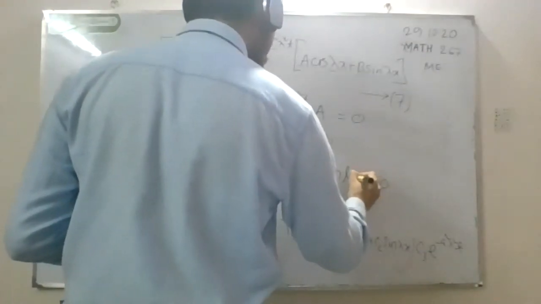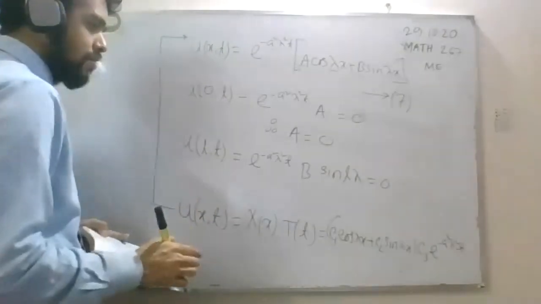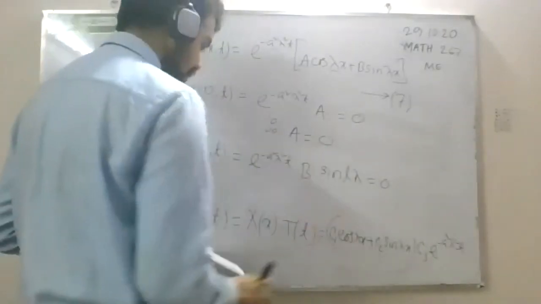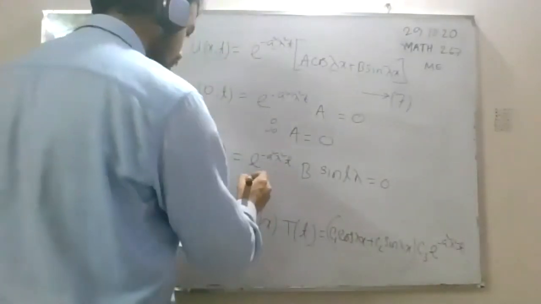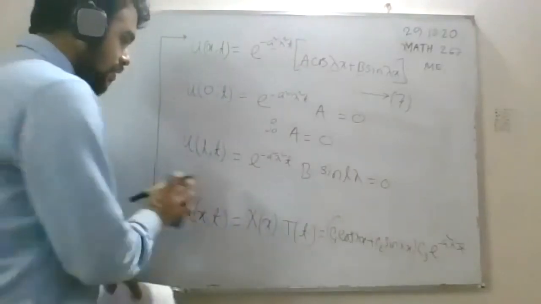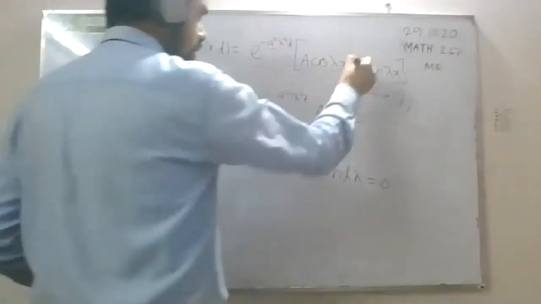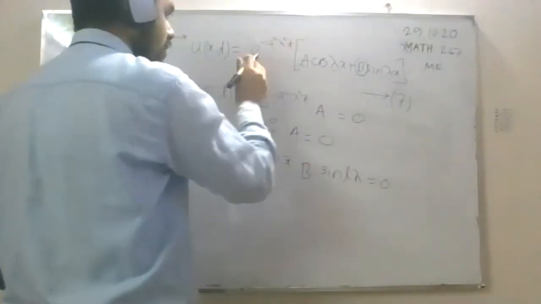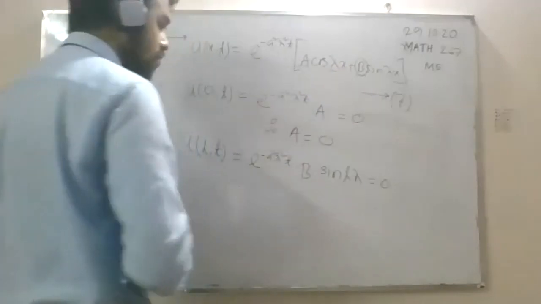This is also equal to 0 because u(L, t) equals 0. And b is not equal to 0.